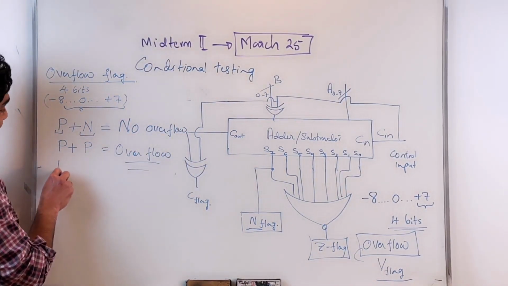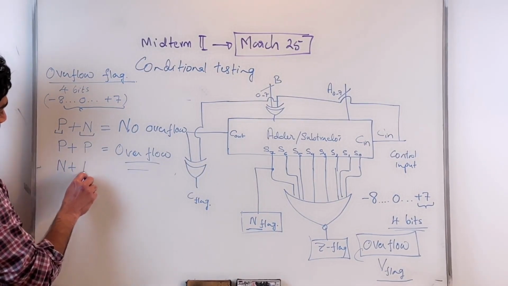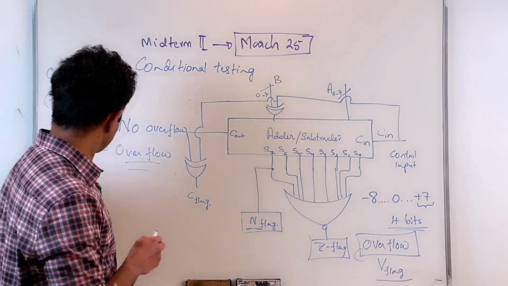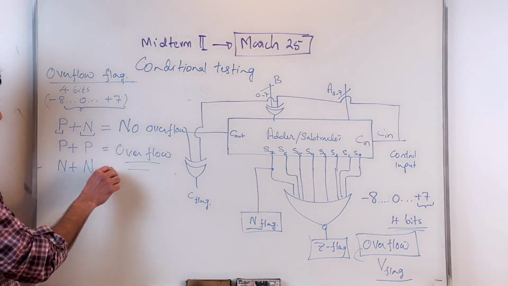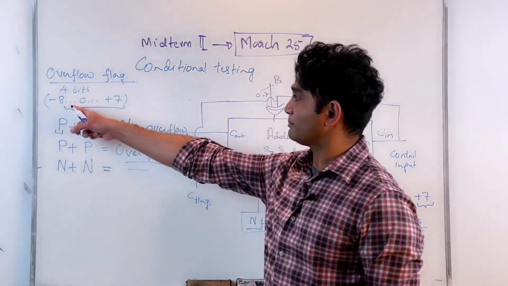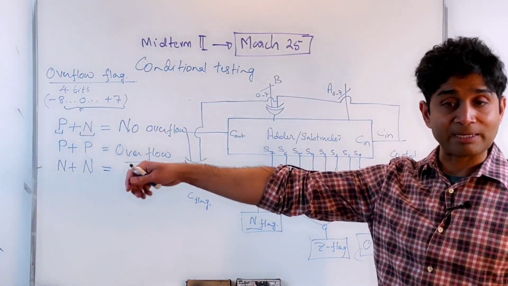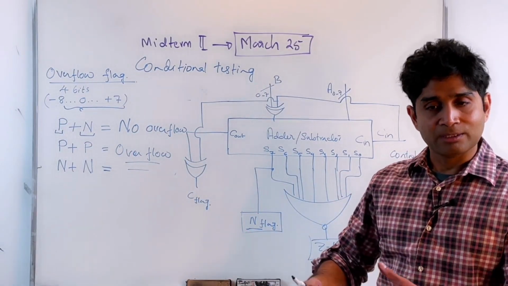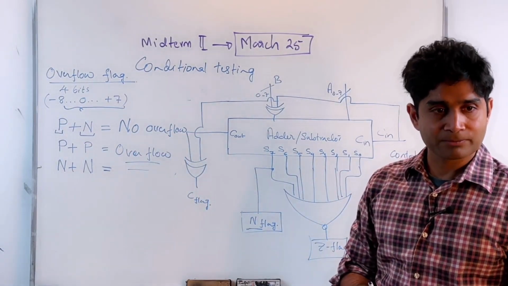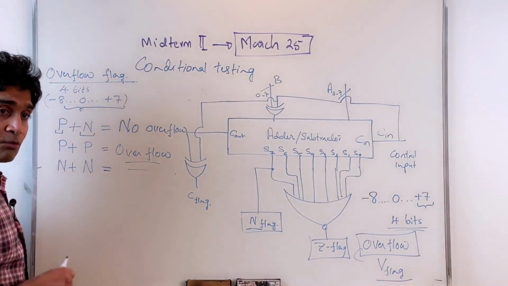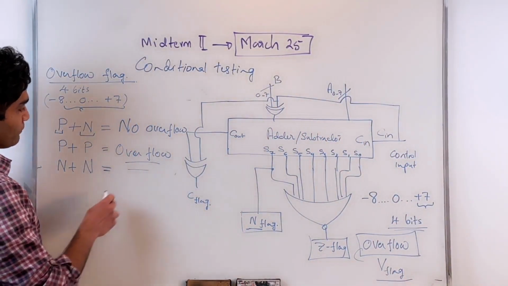Likewise, when I'm adding two negative numbers, n plus n, let's say, where p stands for positive numbers and n stands for negative numbers here, again there is a possibility of overflow. I can add -8 to -8, I get -16. Obviously, I cannot have -16 with 4 bits. I have an overflow condition. So negative plus negative can result in an overflow, not always, but it can.